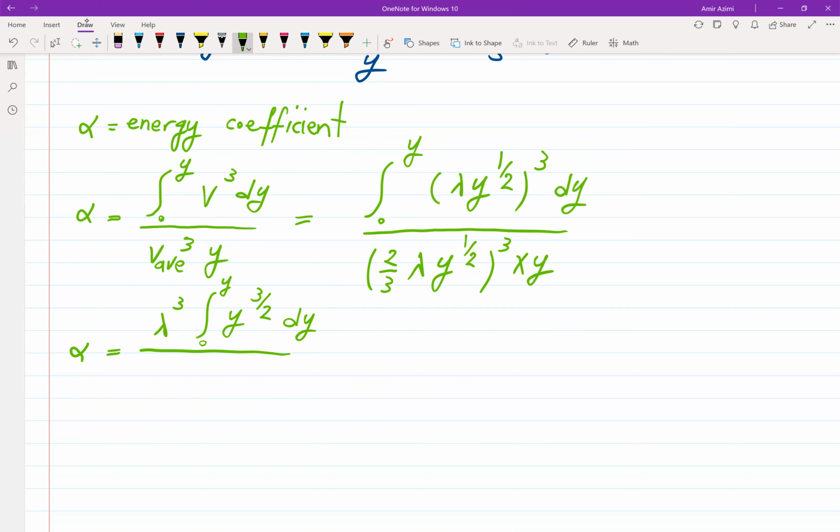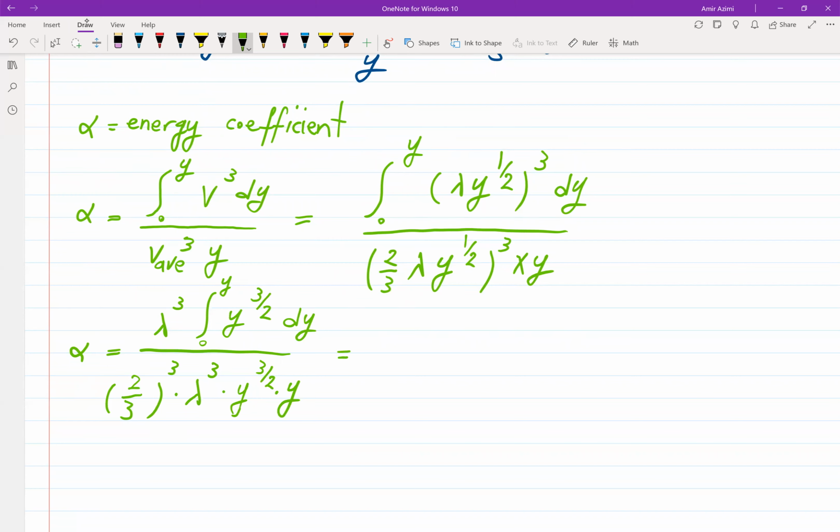And then here I have 2/3 to the power of 3 times lambda to the power of 3 times y to the power of 3/2 times y.